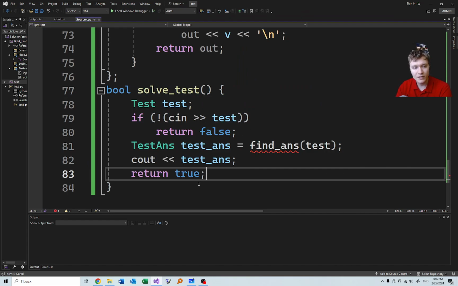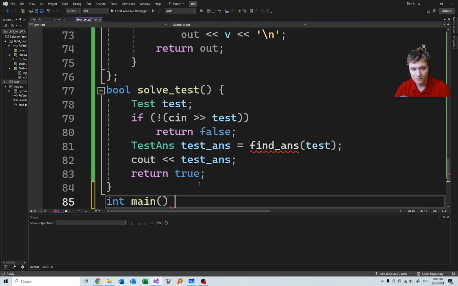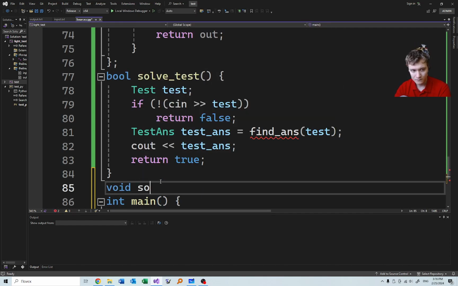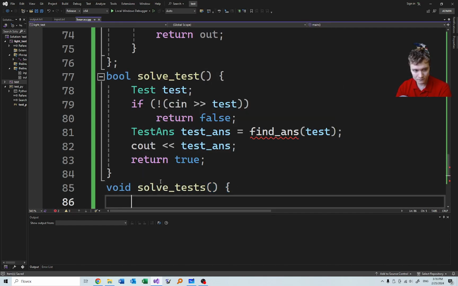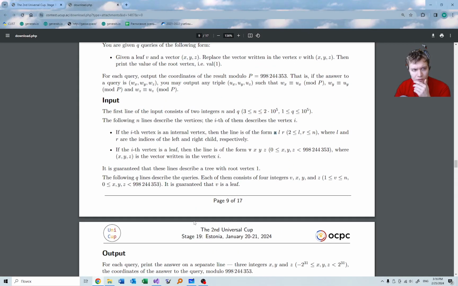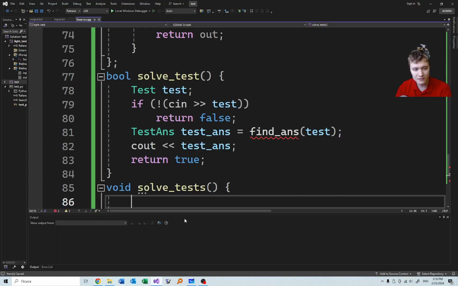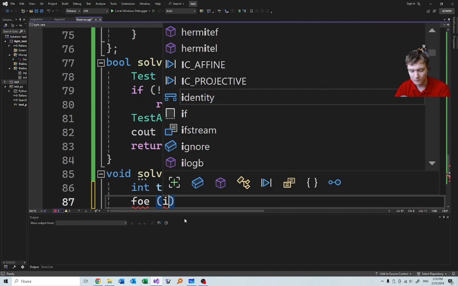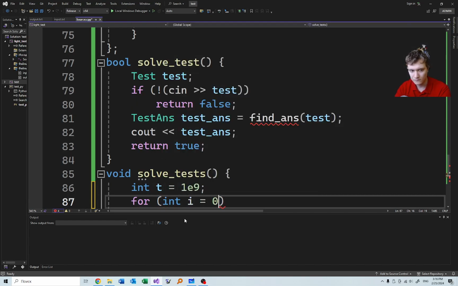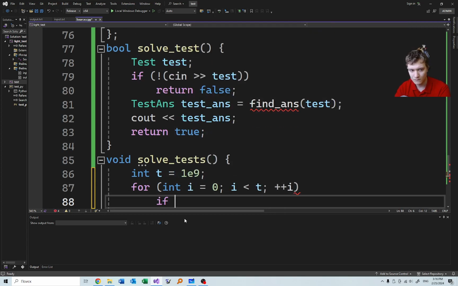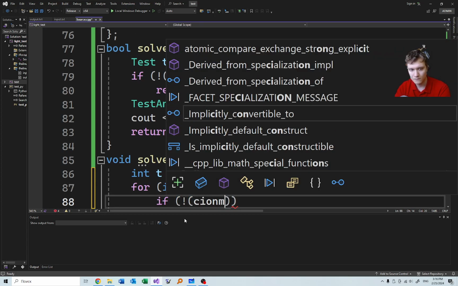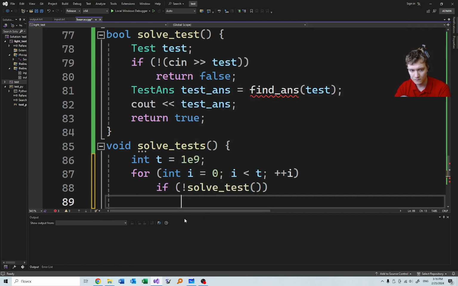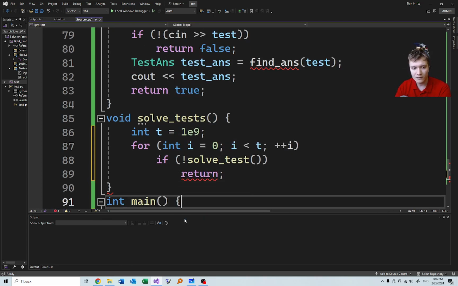Well, now we need to write function main. Also solve tests. Sorry. Yeah, solve tests. And finally, main.